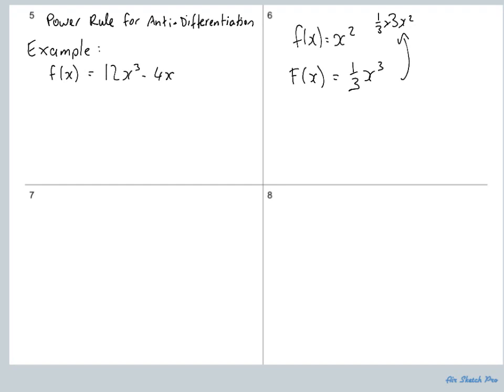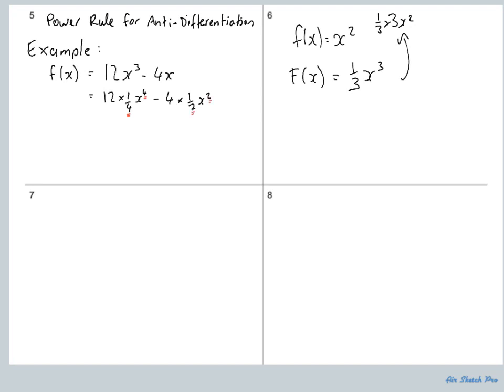So looking at the actual example, it would be 12 times a quarter x to the power of 4 minus 4 times a half x squared. I'll just underline in red that 4 and that 4 and that 2 and that 2.